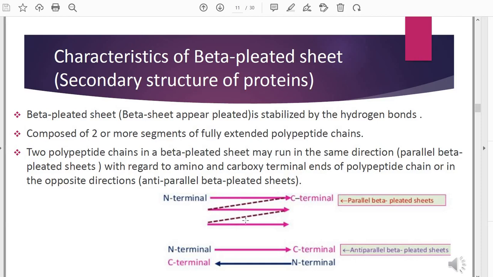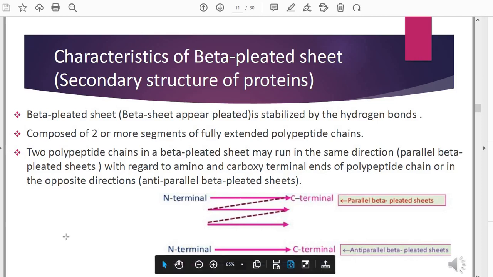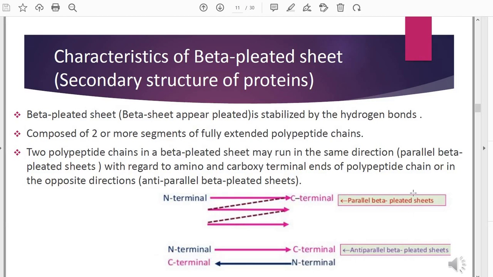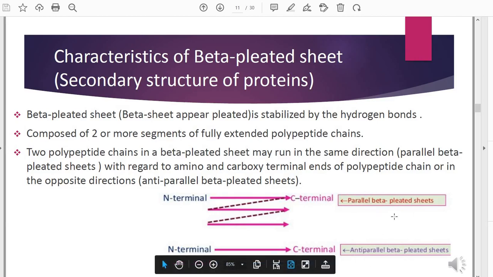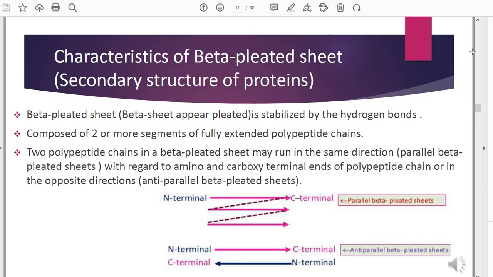The 2 polypeptide chains may run in the same direction, so they are called parallel beta pleated sheets, or run opposite to each other, so they are called anti-parallel pleated sheets. Look at this figure.